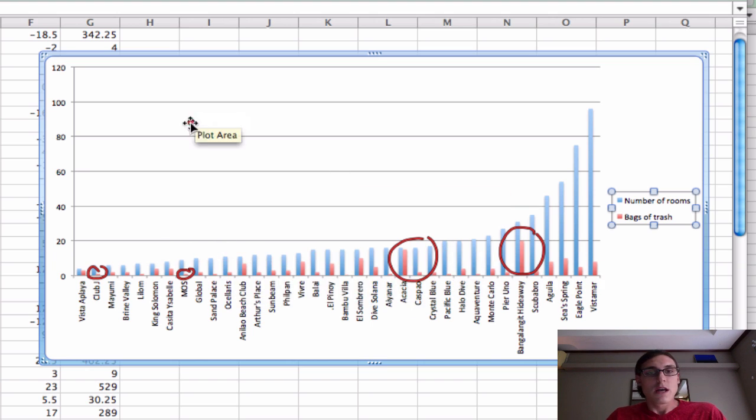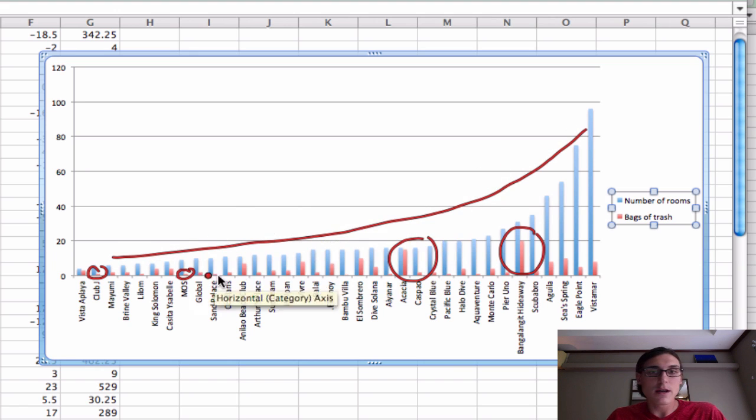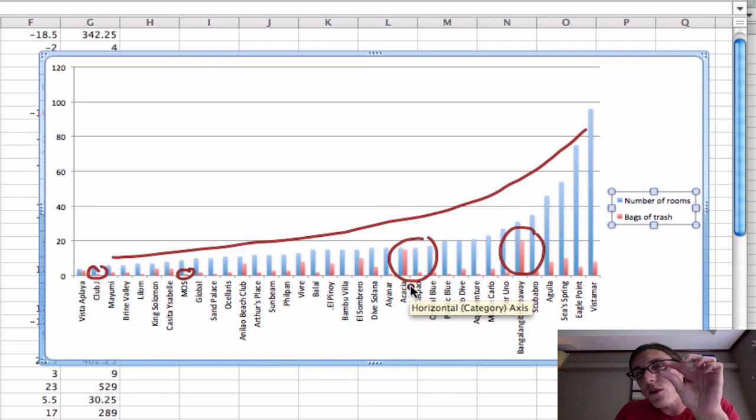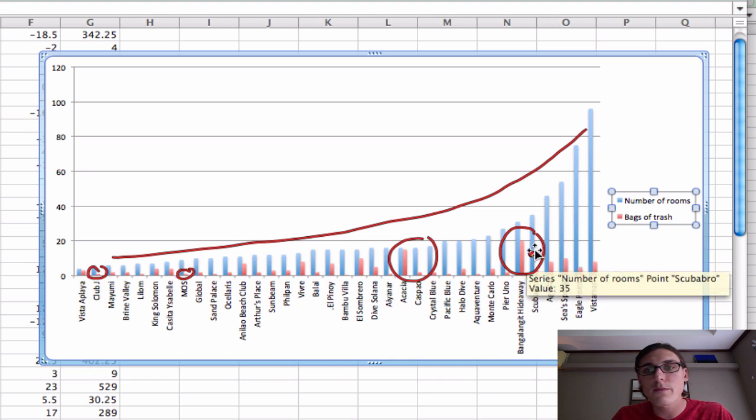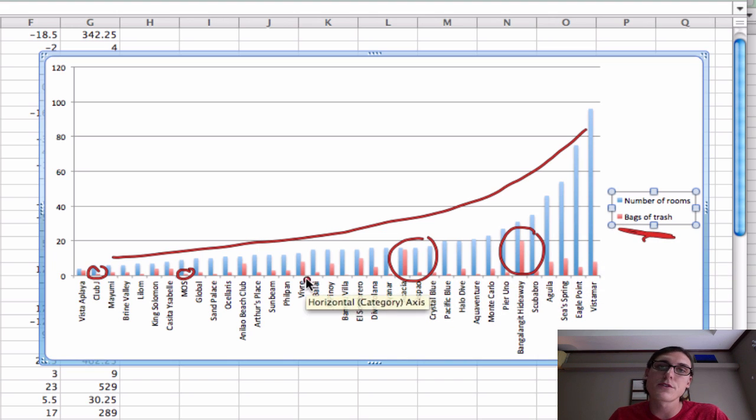And so if you're looking at the pattern, obviously you see that the weak positive correlation would be the pattern, where the larger the resort, generally, the more bags of trash the resort produces.